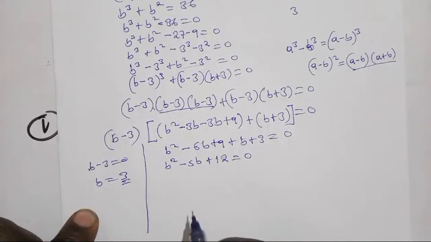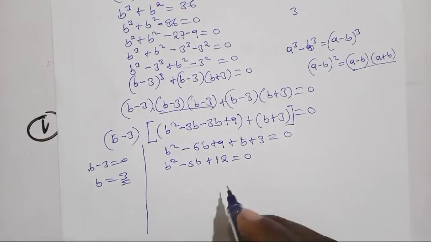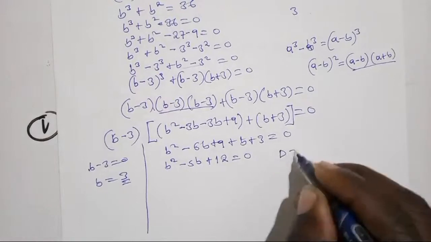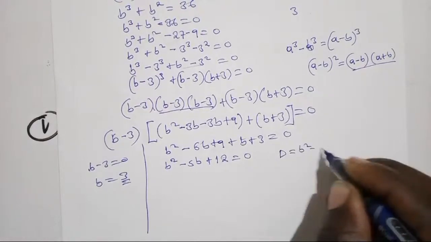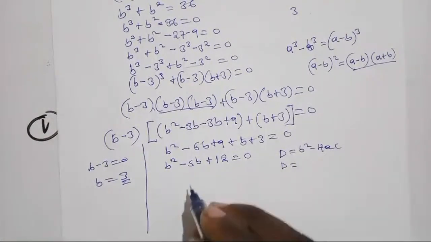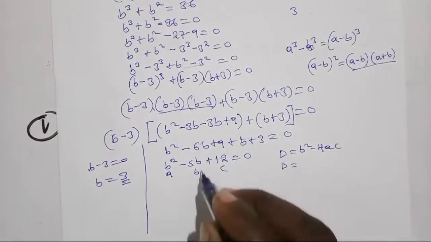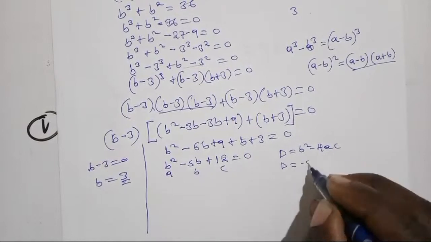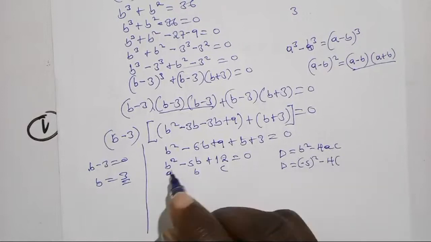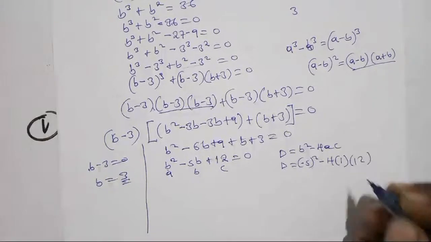We can solve it using the discriminant law, because for factorization we don't have a product concern here. So discriminant, we're going to say D equals b squared minus 4ac, in which D will be equal to, we are going to indicate this is our a, b, c. Then our b is minus 5 squared minus 4 open brackets, a is 1, c is 12, right?